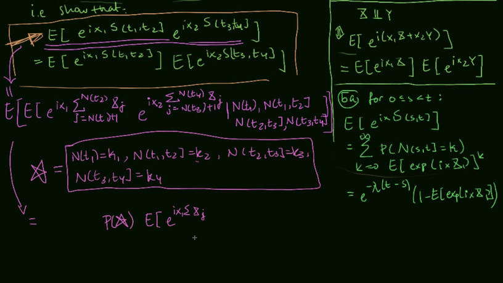The sum of the xj from n of t1 plus 1 to n of t2, and then e to the i x2, sum of xj from n of t3 plus 1 to n of t4, given star.